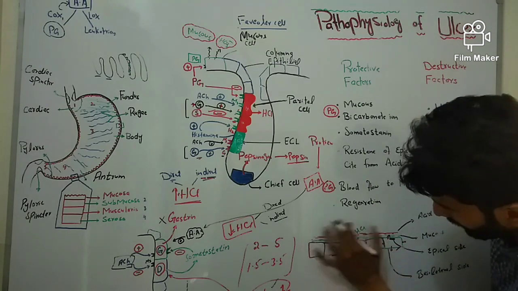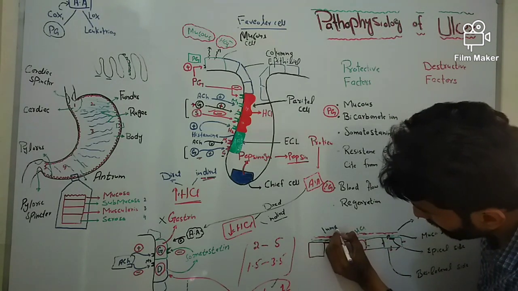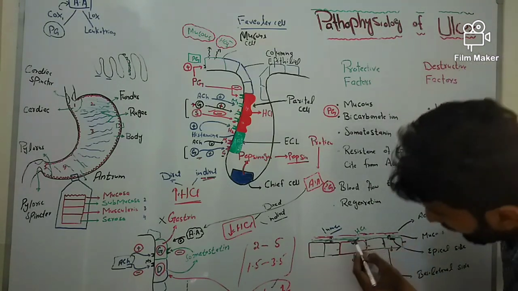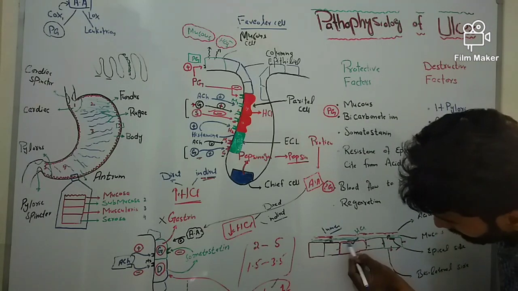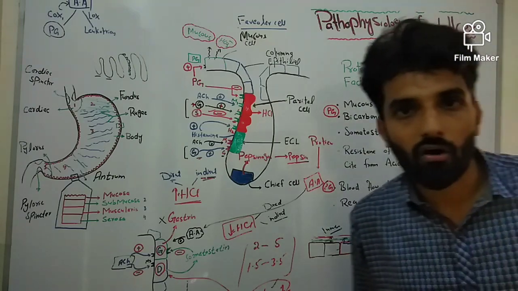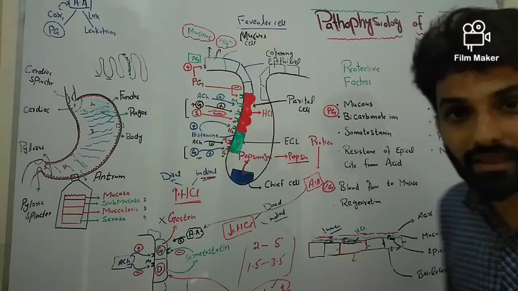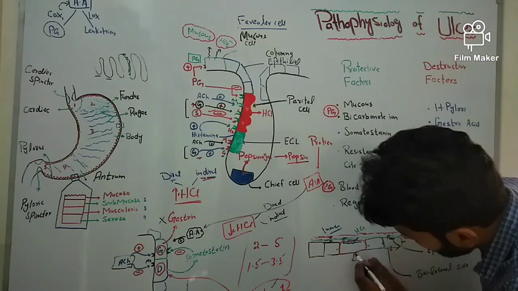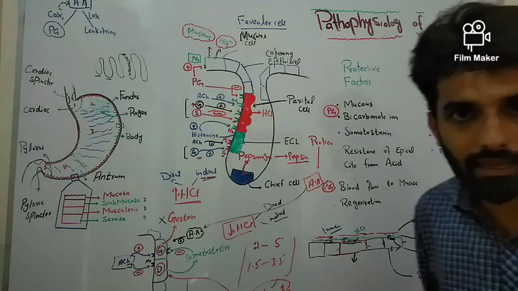Here you can see this is the lumen of the stomach. The side of the cell that is facing the lumen of the stomach is called the apical side, and the opposite side of the cell is called the basolateral side.